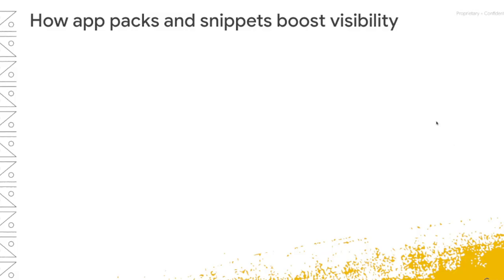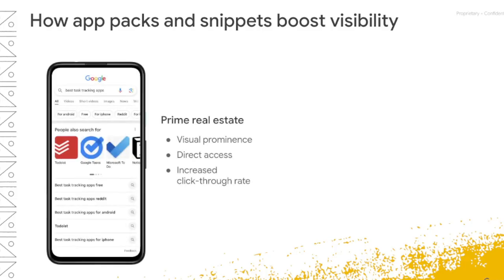Okay, so the next thing we're going to look at is how app packs and snippets boost visibility, right? So we've discussed the elements, but how do they actually get your app to be more visible on the search engine results page and also in front of your ideal target audience? So let's go through an example scenario here. Imagine a user on their smartphone is searching for best productivity app.